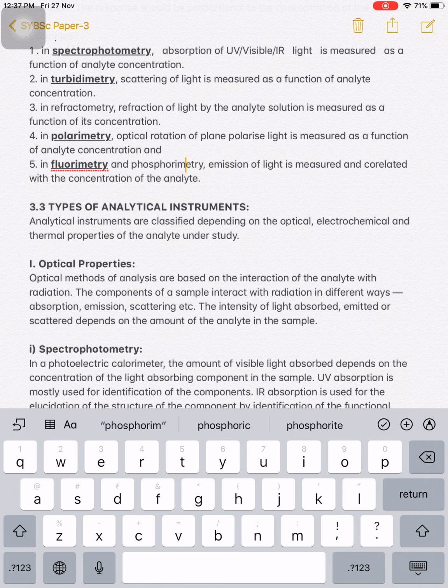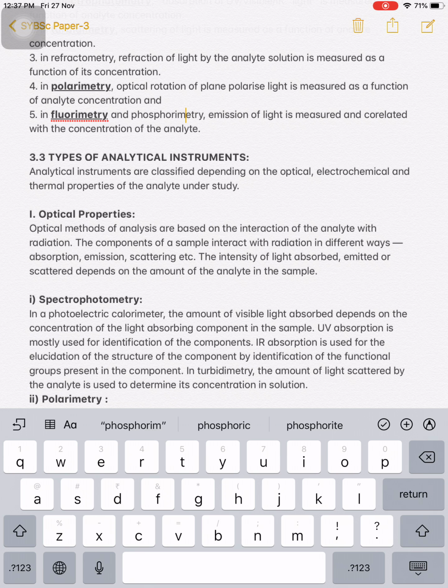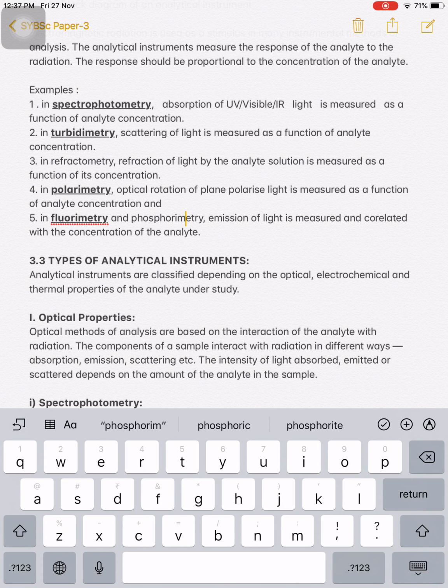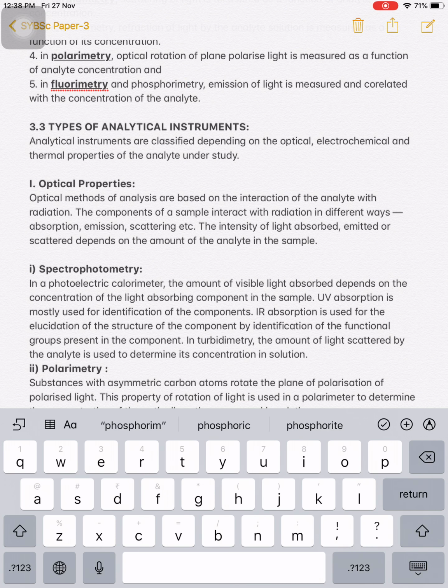In the last instrument, fluorimetry and phosphorimetry, emission of light is measured and correlated with the analyte. So every instrument has its own function. Spectrophotometry has absorption, turbidimetry has scattering, refractometry has refraction, polarimetry has the rotation of light, in fluorimetry the emission of light is there.